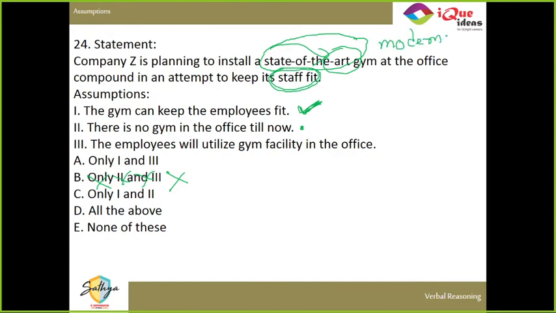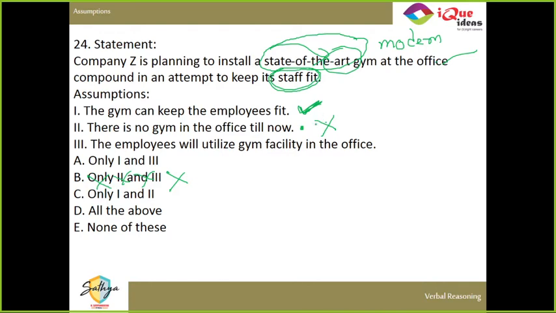So, they are going to install a latest facility gym. It is possible that they have an old technology gym, right? It is not necessary that they don't have a gym. It is possible that they have a gym which is old, so they are only going to install a new one. So, if they have a gym or not, it does not make a difference to my answer. Did you understand that?